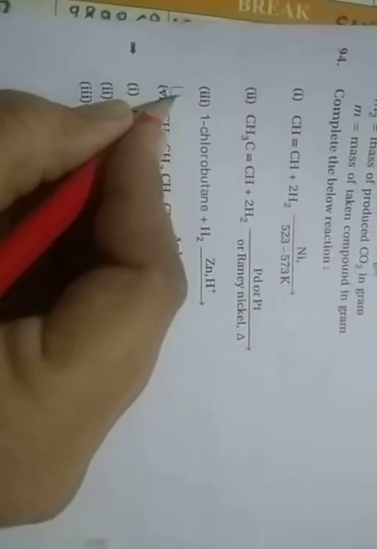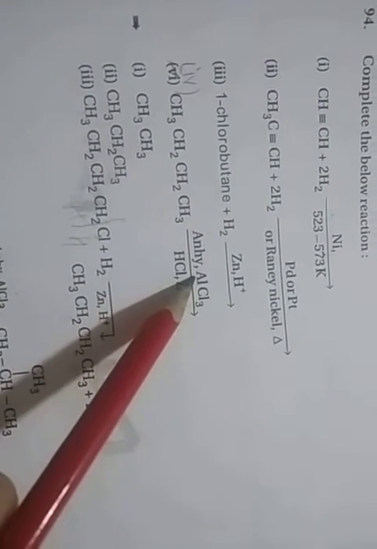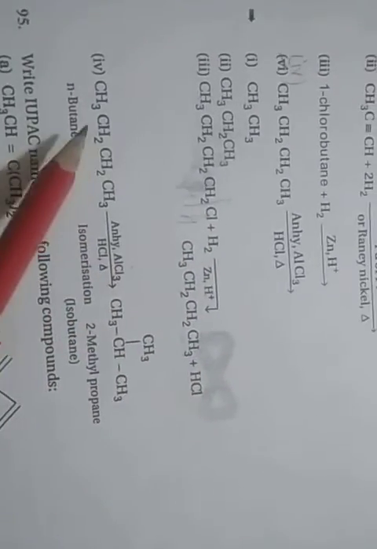Next, fourth. This is not a sixth, it is a fourth. CH3 CH2 CH2 CH3, butane, in the presence of anhydrous AlCl3 and HCl and heat.